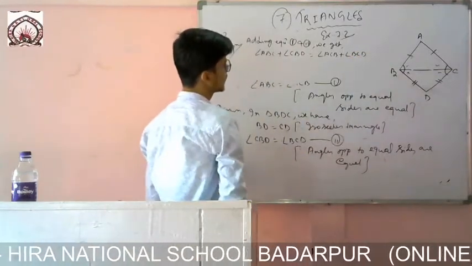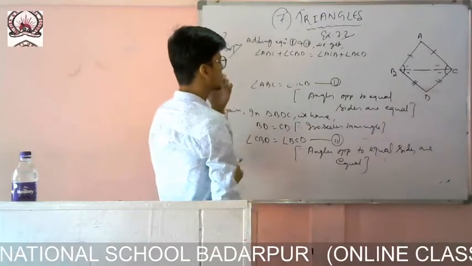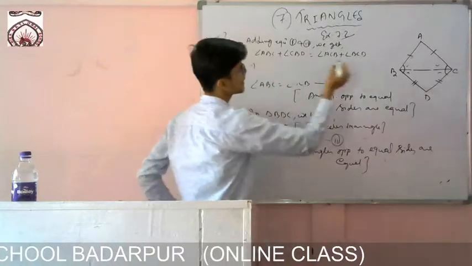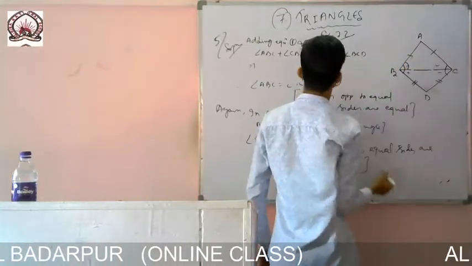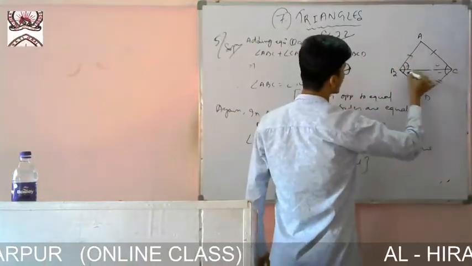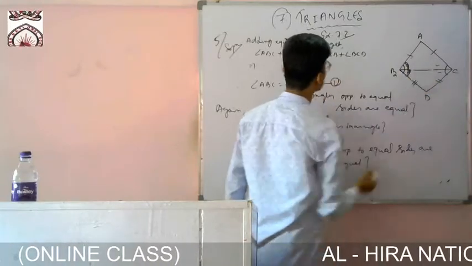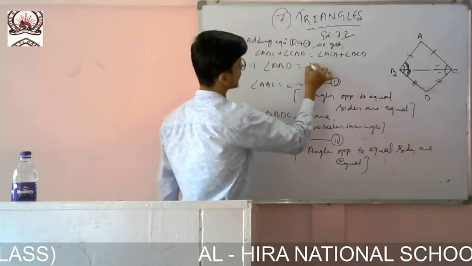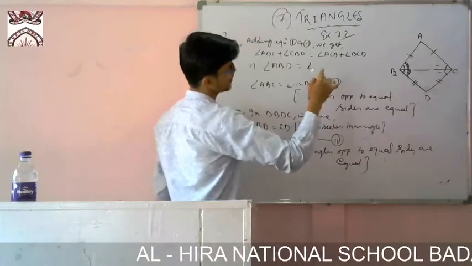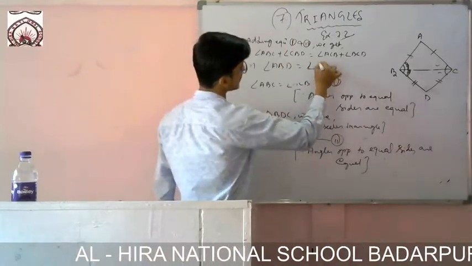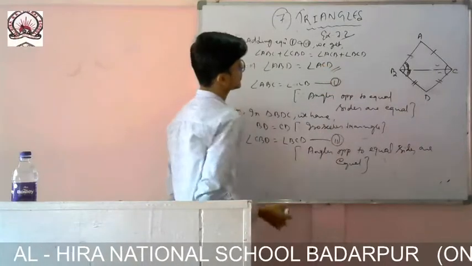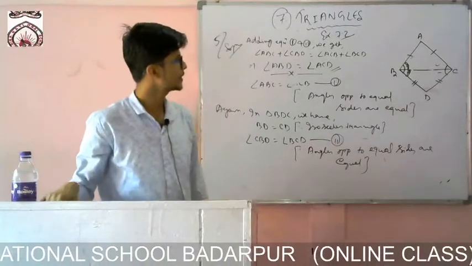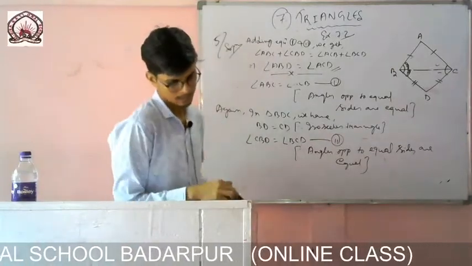You see here, ABC, that means this angle, plus angle CBD, that means this angle. This angle plus this angle forms the whole angle ABD. And ACB plus angle BCD means angle ACD. So hence proved: angle ABD is equal to angle ACD. Finished.